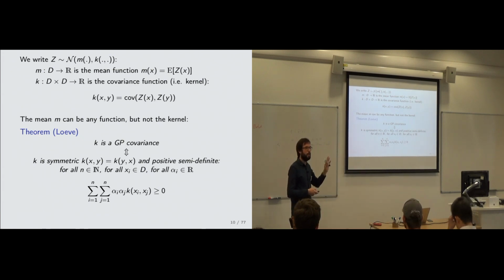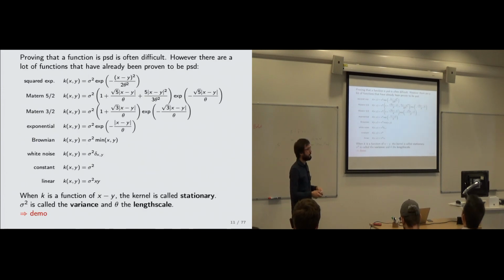We'll see two special cases where we can actually prove it later on. But if you open books on Gaussian processes, you will see that there are plenty of functions that have already been studied and proven to be positive definite. So you can pick any of these functions, and you can generate samples from a GP that has this specific covariance.